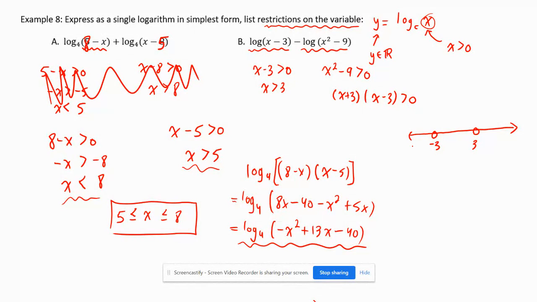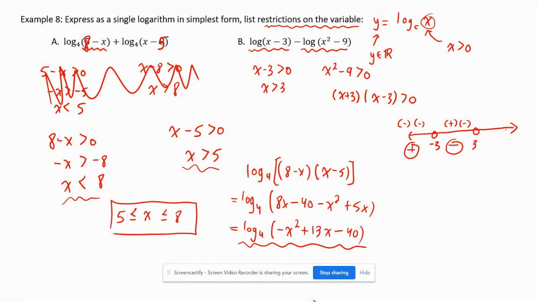What we do is we have to test numbers in each one of these regions. If I take a number less than negative 3, say negative 4, well, negative 4 plus 3 is a negative number. Negative 4 minus 3 is a negative. So a negative times a negative would be a positive in this region. Negative 3 to 3, say 0, will be a good number in this region. 0 plus 3 is positive. 0 minus 3 is negative. Positive times a negative is negative.